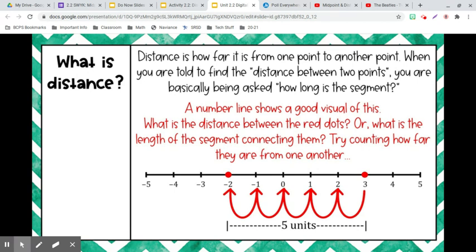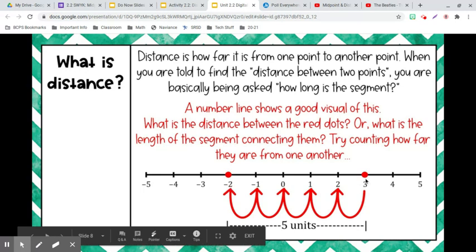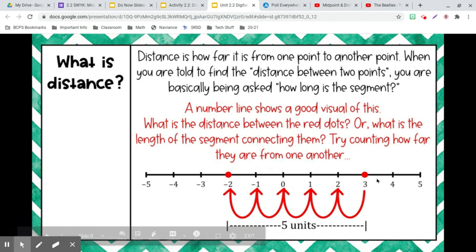All you would have to do is count how far they are from each other. If you start at -2 and go to 3, we jump 1, 2, 3, 4, 5. We see 5 units, however long these units are. They could be centimeters, inches, miles.